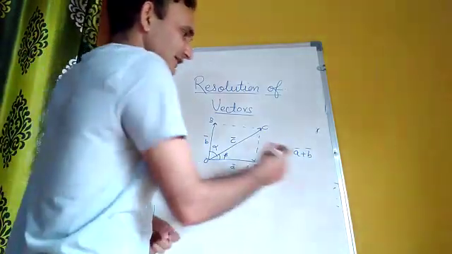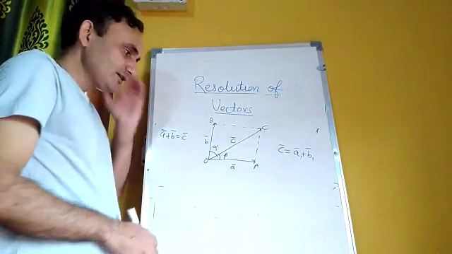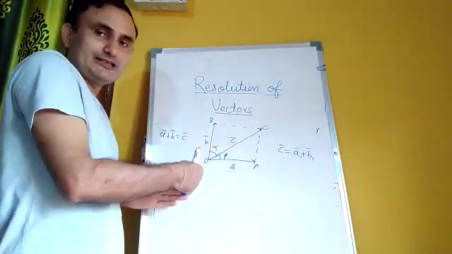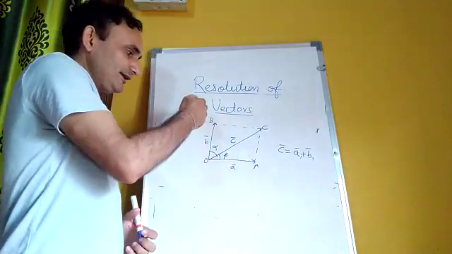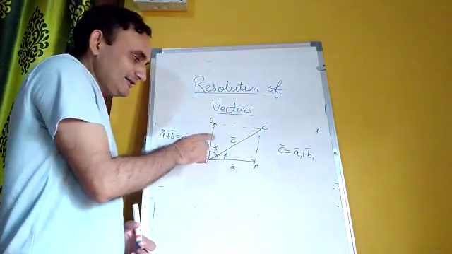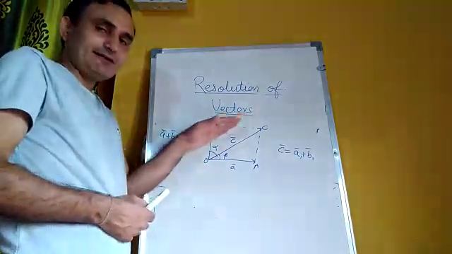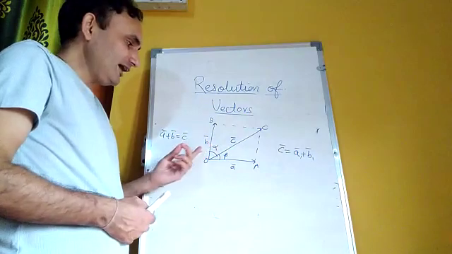They can be A and B, or A1 and B1; they can be different vectors. Suppose I have a vector OC and I want to break it into two vectors OA and OB, or we can say A and B, at angles beta and alpha. So we are breaking a vector into two vectors which are at angles beta and alpha.